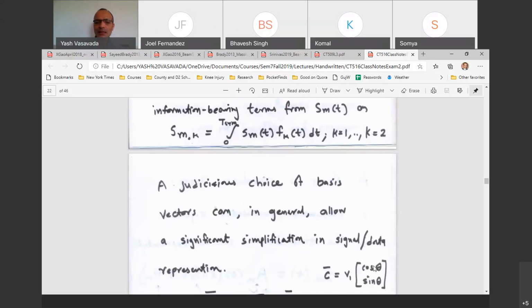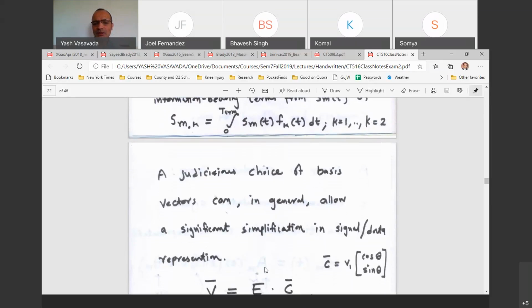In order to represent this vector, I need two non-zero elements. Cosine of theta is generally non-zero, sine of theta is non-zero also, except when theta is either 0 or 90 degrees and so on. Most of the time theta is not like that, and so we need two real valued numbers to represent this vector.